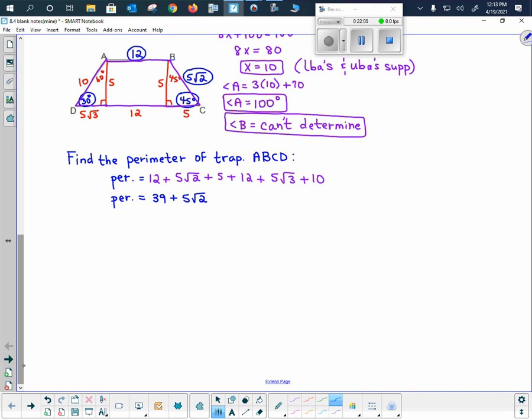Think of it as like 5 x's. You wouldn't add 39 and 5x together, so it's 5 root 2's plus 5 root 3's. Okay, that would be like 5 y's. And if they give you units, put in the units. If it was like feet, put feet. But those are not like terms. They do not combine, guys, so get used to seeing answers that look like that. That is your perimeter.